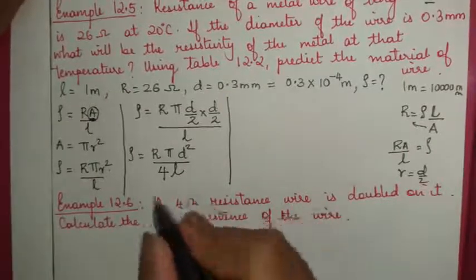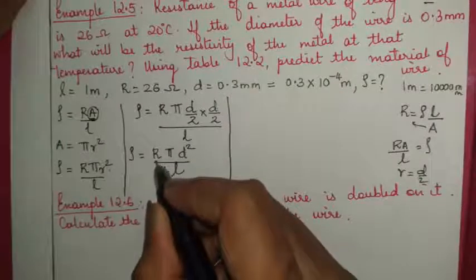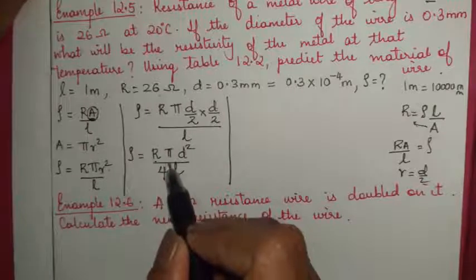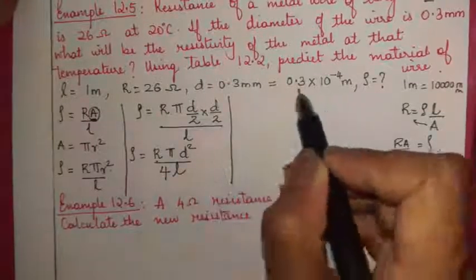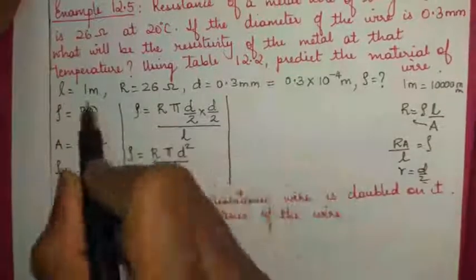Now let us substitute. We know all these values. We know R is 26 ohms, pi is 22 upon 7, we know d square, 4 is a constant, and L is 1 meter.